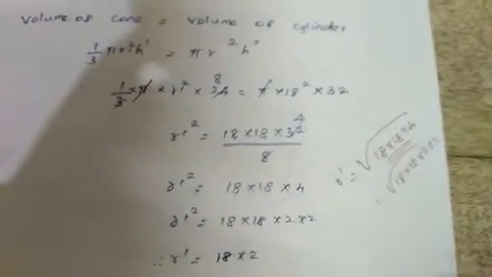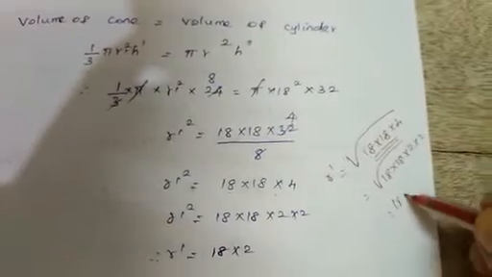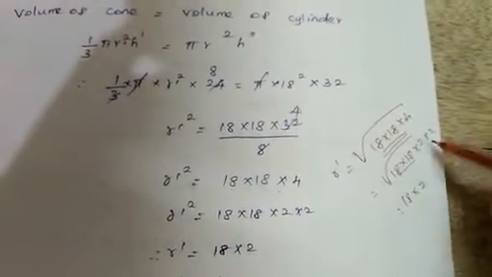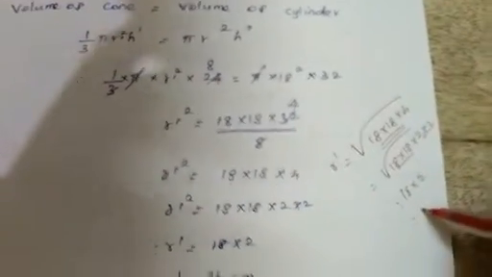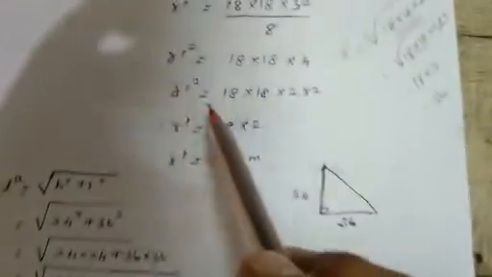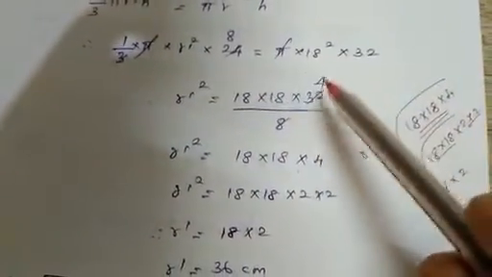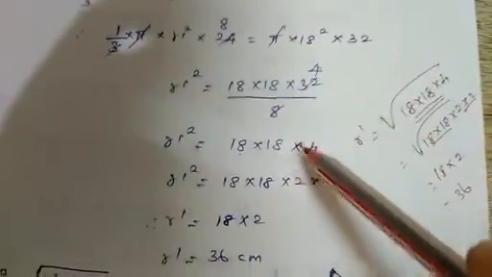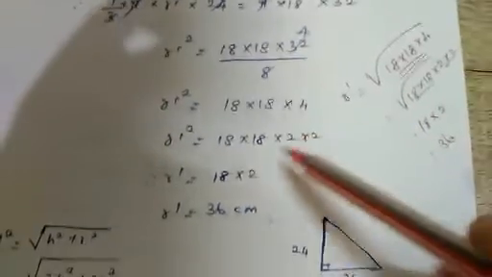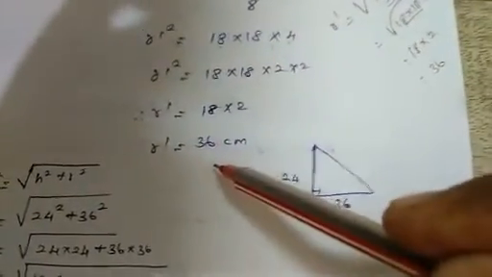Already 4 is a perfect square number. So 18 into 2, this pair 18, this pair 2, so 36. Or by using prime factorization you can find the square root of the number. The easiest one is that 18 into 18 and 4 are already perfect squares, just cancel and form the r dash value.